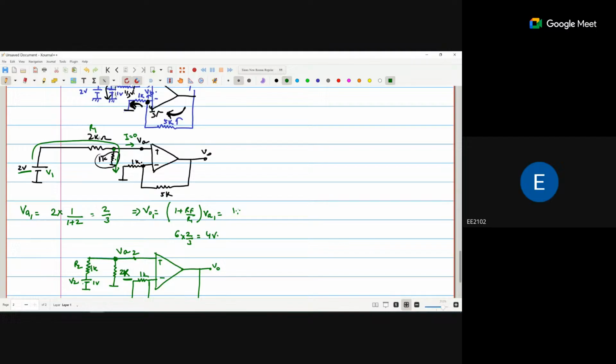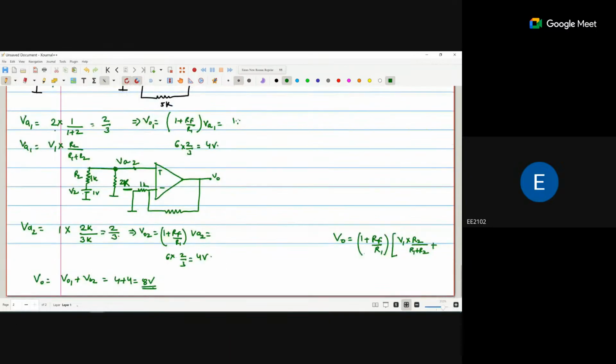Okay, so VA1, how do we get the VA1? 2 volts, that means the V1 multiplied by the 1 kilo ohm, R2, upon R1 plus R2. Okay, and how do we get the VA2? 1 volt, that is V2 into R1 upon R1 plus R2.